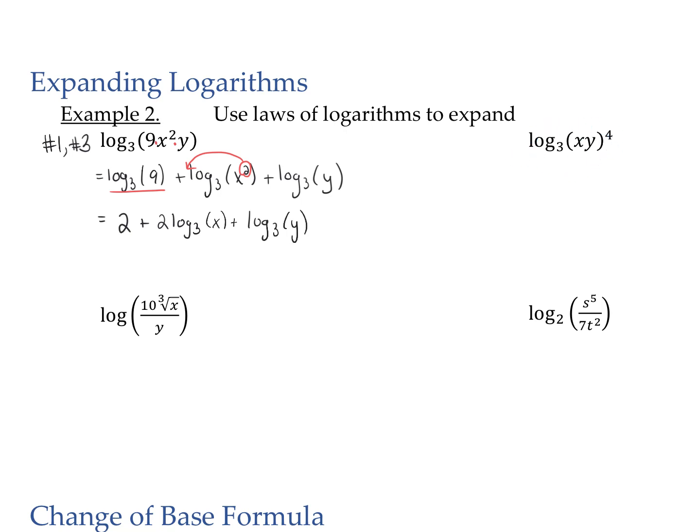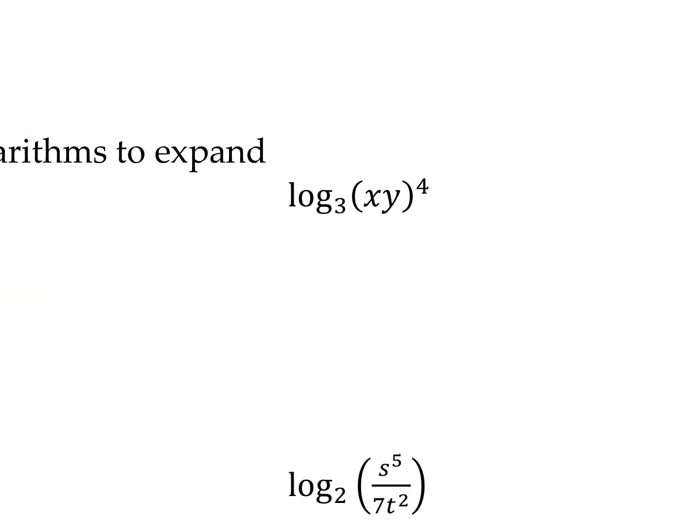Okay, this one, log base 3 of x to the 4th, y to the 4th. Sometimes it's a little hard to see what the exponent applies to, but if I wanted this exponent to apply to the whole logarithm, I would wrap it in an extra set of parentheses like that. Since it's not like that, I'm going to assume that this 4th power applies to the x and the y inside the logarithm. So the first thing I'm going to do is bring that down.